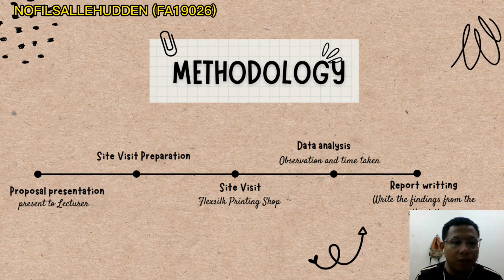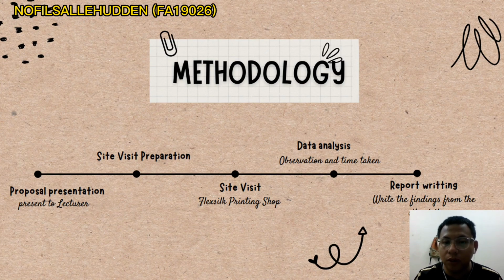For the methodology, we start with the proposal presentation. We present to the lecturer what type of research we want to carry out. Then after we get approval, we do some preparation for the site visit, and we proceed to the site visit at Flexsilk Printing Shop.